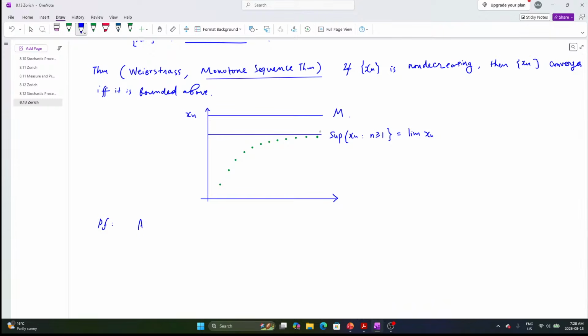As usual, let's start by writing down the hypothesis. Assume xn is non-decreasing. And now we need to prove two directions, because it's an if and only if statement.